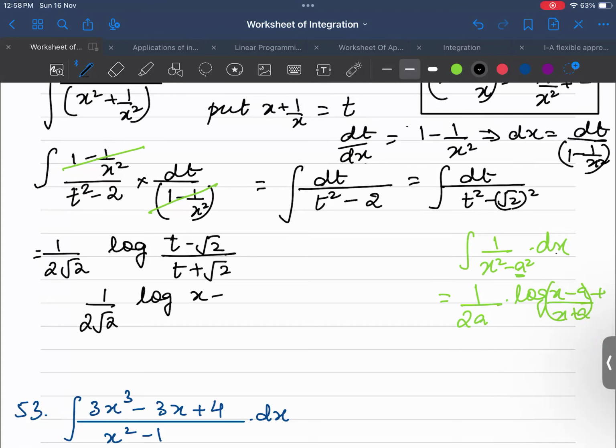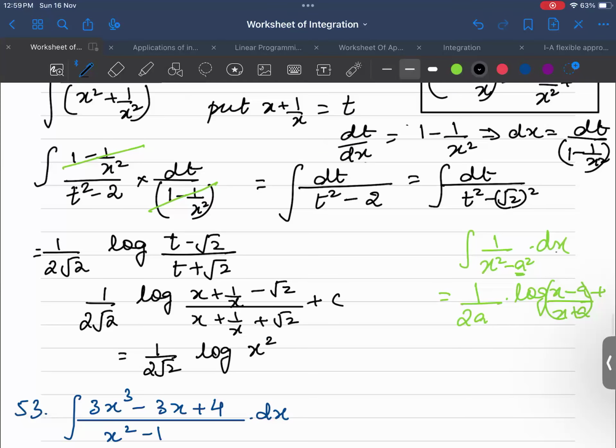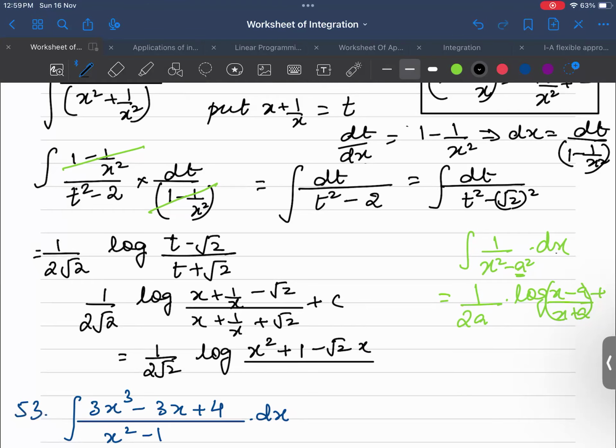I can now substitute the values: 1 upon 2 root 2 log, in place of t, I will write x plus 1 upon x minus root 2, divided by x plus 1 upon x plus root 2. Right? And plus c is always there. If I multiply by x on both sides, it would become x square plus 1 minus root 2x divided by x square plus 1 plus root 2x plus c.